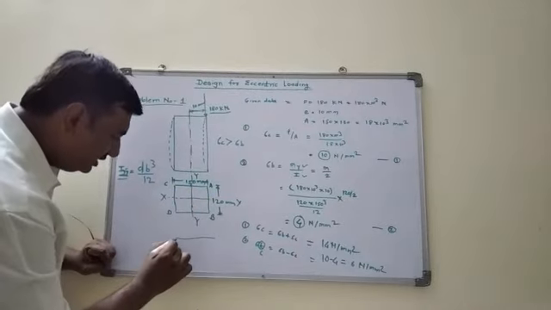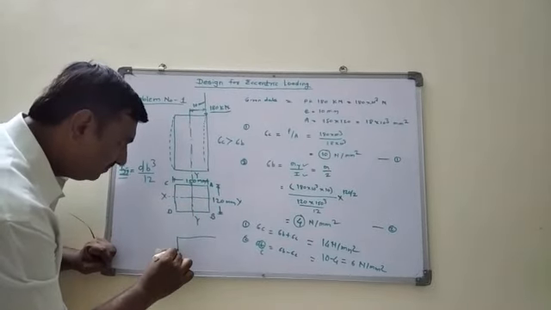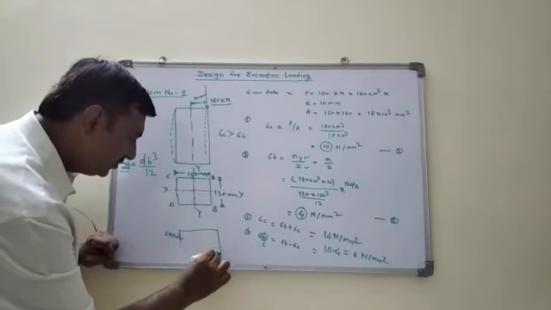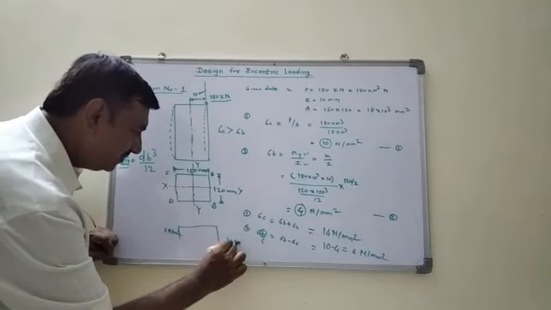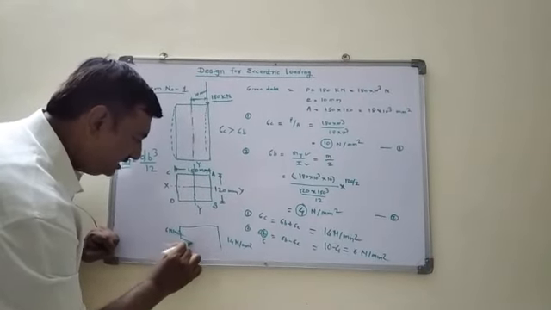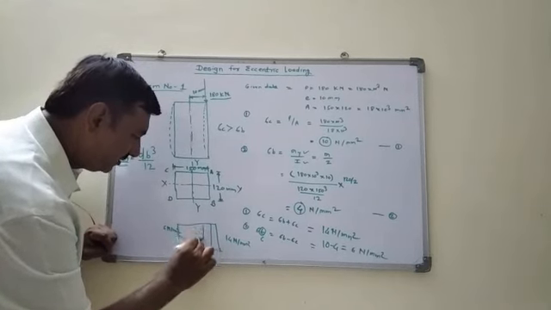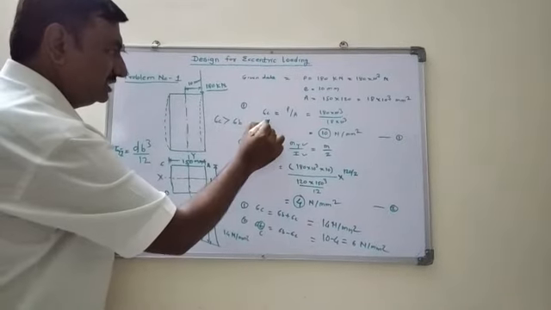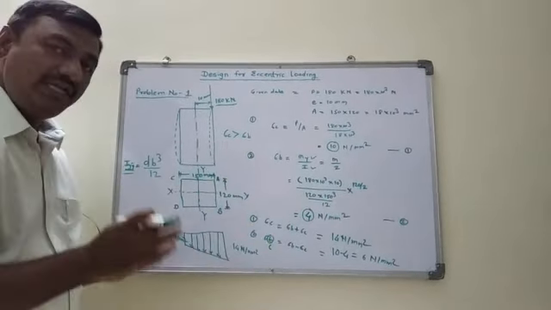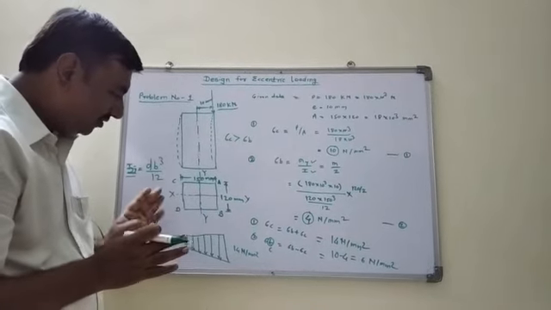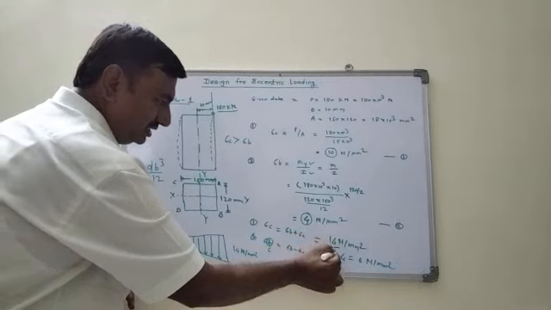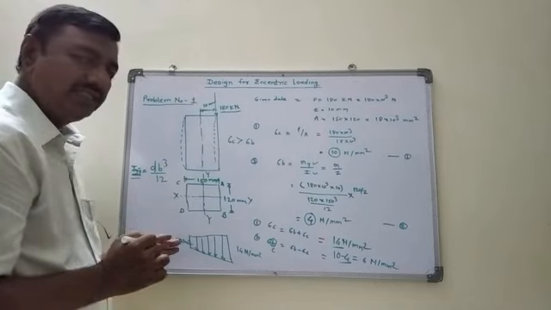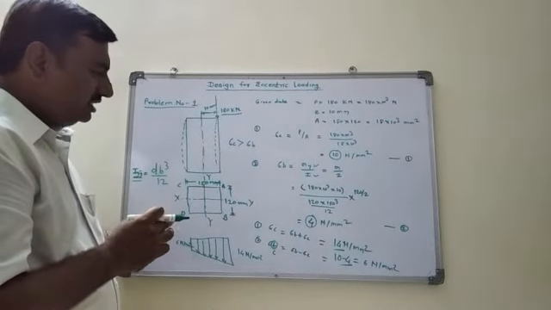So we have the stress distribution, with 6 Newton per mm square at CD and 14 Newton per mm square at AB, and this is the stress distribution plot we drew. Because the value of sigma c is greater than sigma b, both stresses are compressive, and this is the resultant stress at the edge AB and the edge CD. So this completes this problem.